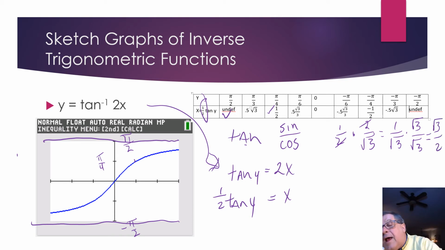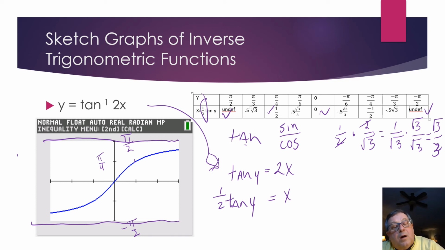But when I apply 1/2 to that, now I've got 1/2 times square root of 3 over 3, or I could say it's the square root of 3 over 6. And at 0, what's happening at 0? Well, the sine is 0, but the cosine is 1, so that's just 0. And then again, all the way out here at the right of my table at negative pi over 2, the sine is negative 1, but the cosine is 0, and so therefore it is undefined.